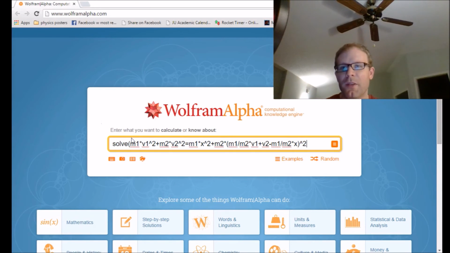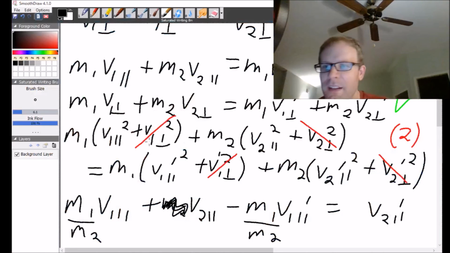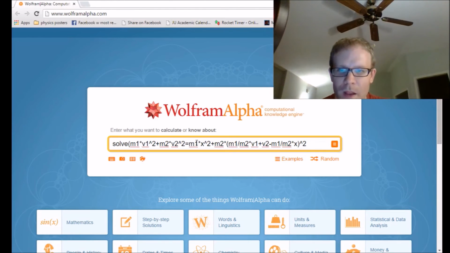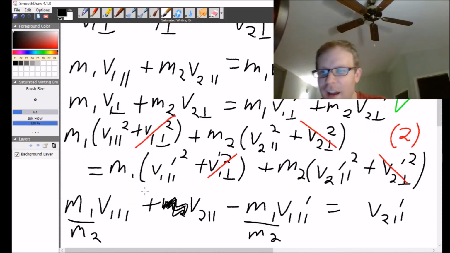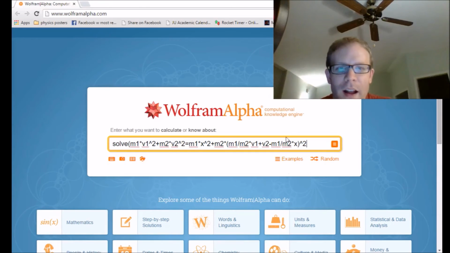All right, let's double check our equation here. On the left-hand side I've got M1 V1 squared plus M2 V2 squared. And on the right-hand side, I've got M1 times the unknown squared, plus M2 times the thing squared, which is M1 over M2 V1 plus V2 minus M1 over M2 times X, quantity squared.